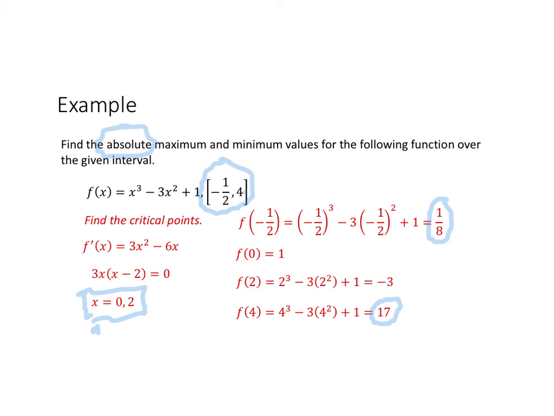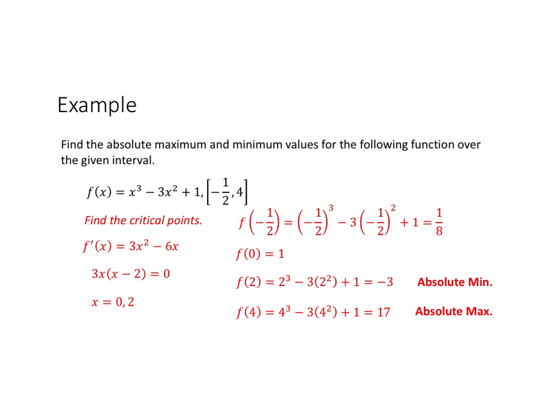Now let's look at the critical points. If I plug in 0 for x, the value of the function becomes 1. If I plug in 2 for x, the value of the function becomes -3. So here are my 4 values for critical points and endpoints: 1/8, 1, -3, and 17. The absolute maximum is going to occur at the greatest of these values. 17 is obviously the largest, so that's the absolute maximum.